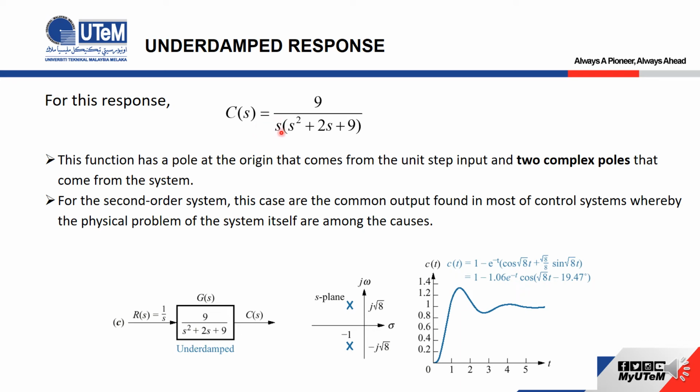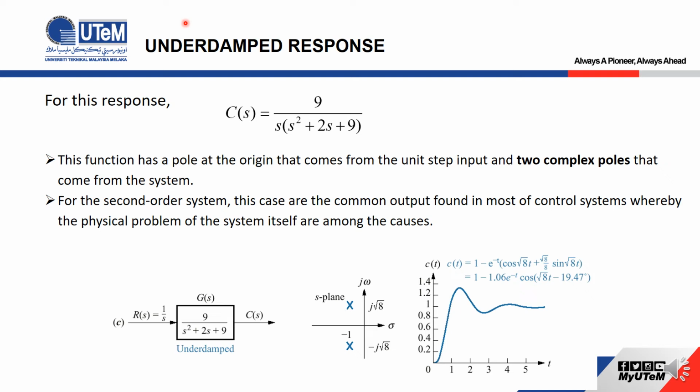This is the component for the unit step input, 1 over S. And from this function, 9 over S squared plus 2S plus 9, we can get another two poles. After we factorize this function, we will get two complex poles that come from the system.